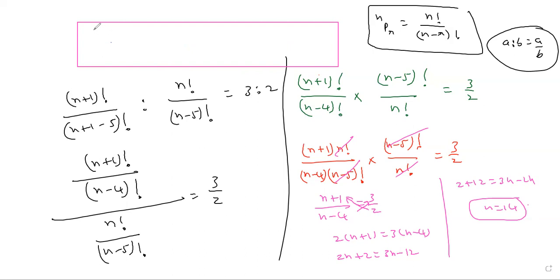If n plus 1 P5 is to NP6 is equal to 2:7, then find n. Okay, start the procedure and get the answer. Follow the same procedure.